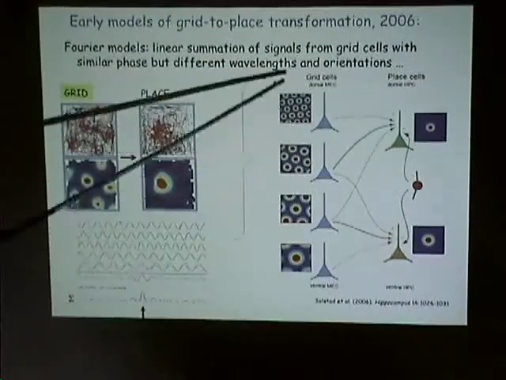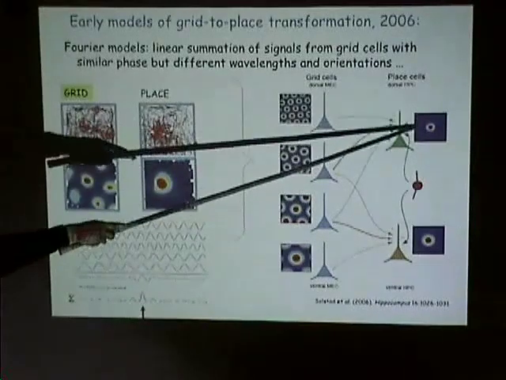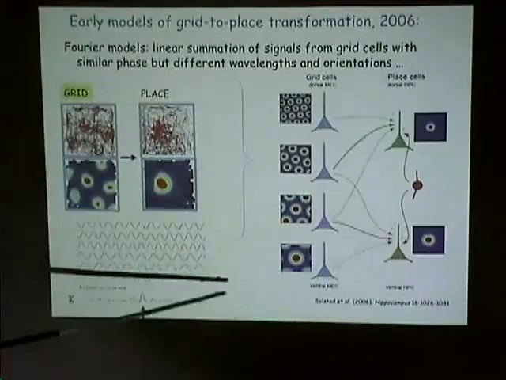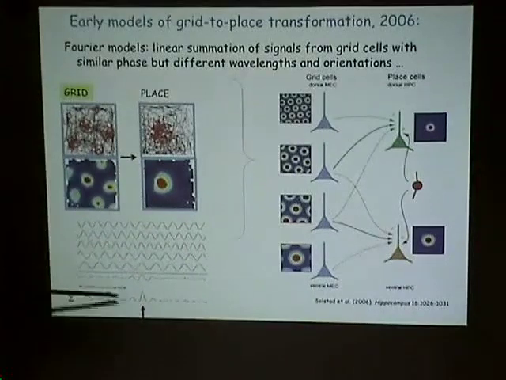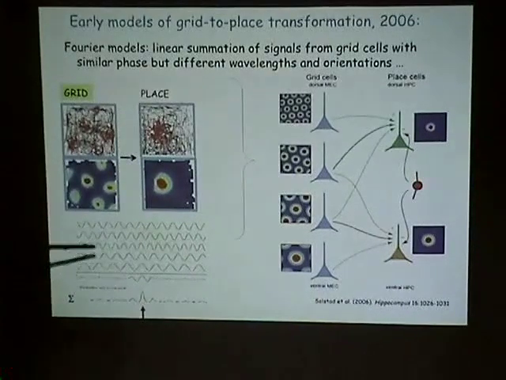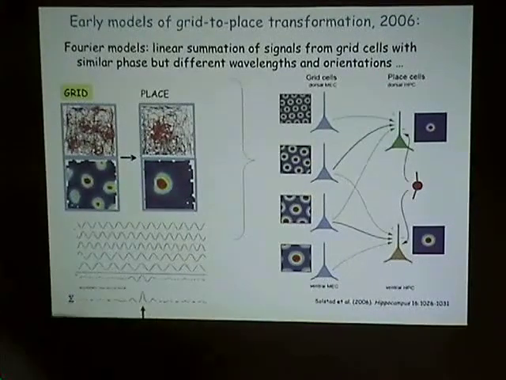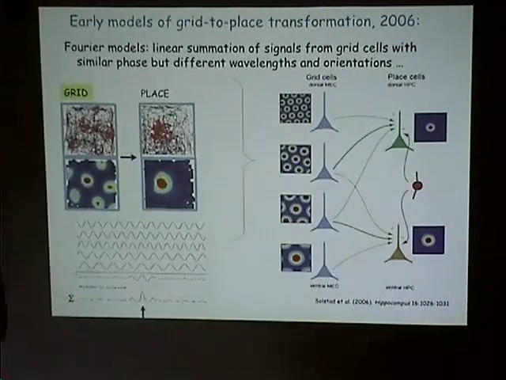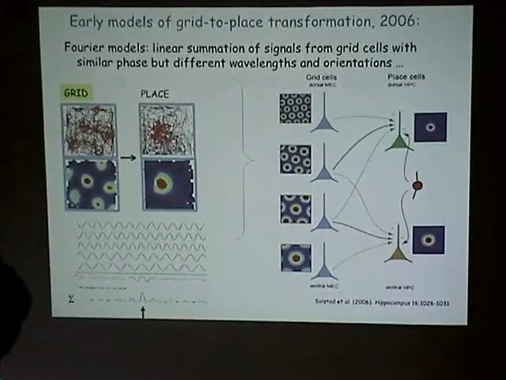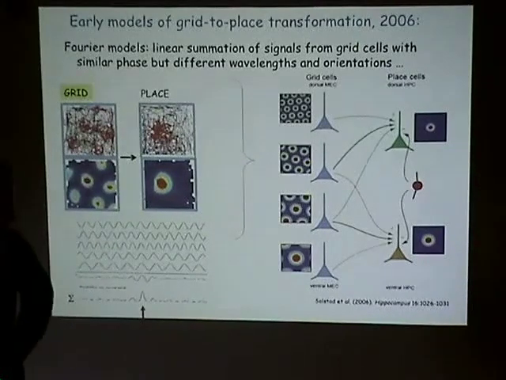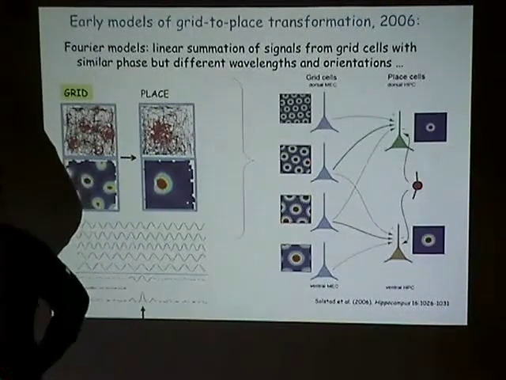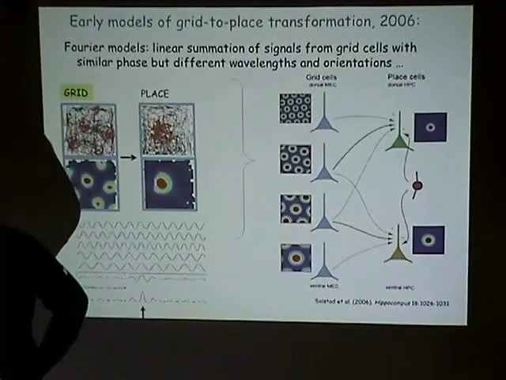So if you add up these inputs, you get single place fields, more or less. You can see it in one dimension here. The point is that because the wavelengths are different, they cancel and you end up with a single field. So this was obviously a very simple idea, and I think it's wrong, but it's too simple.